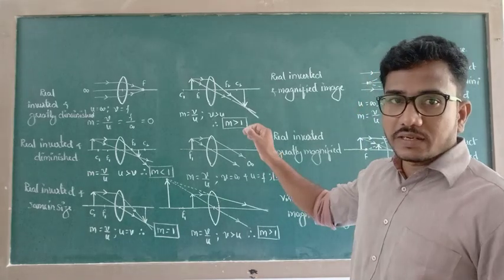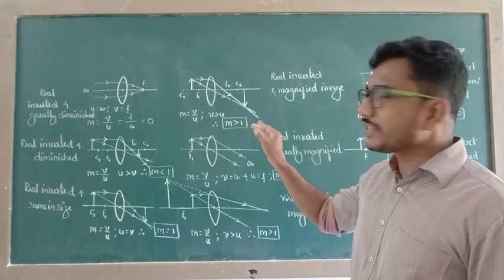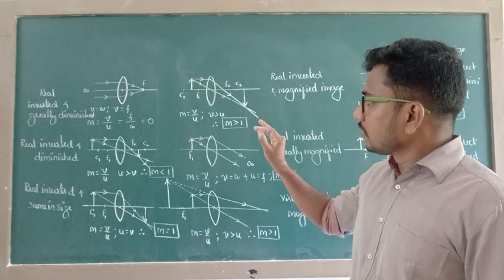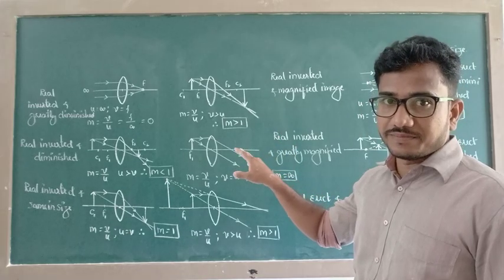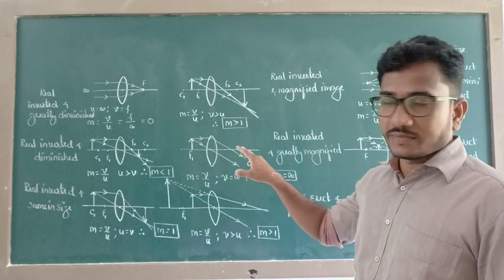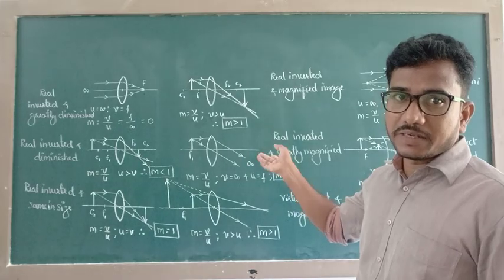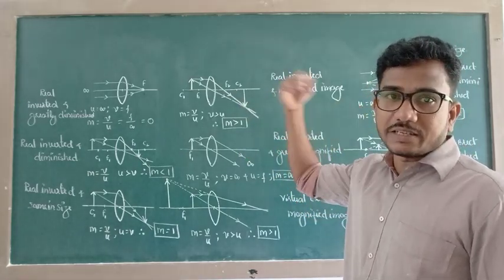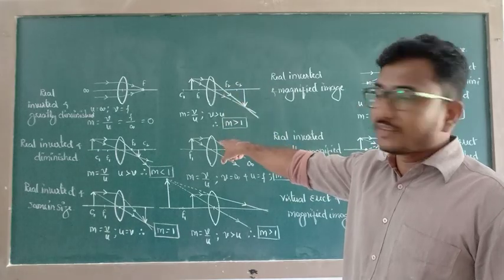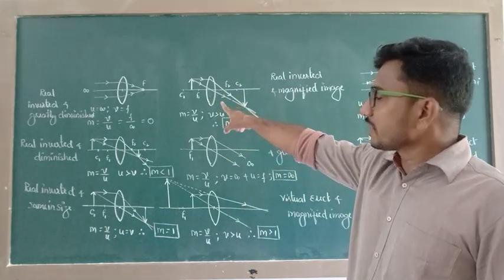So here, simply by knowing the value of linear magnification, we can say the size and nature of the image. Nature of the image depends upon the nature of the light beam. If that image is due to a convergent beam of light, then that image is real and inverted.